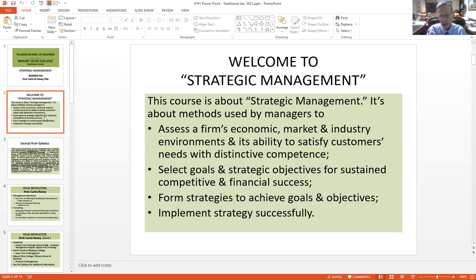So strategic management really is all about trying to achieve a fit between what's going on outside the firm in the economy, market, and industry, and the firm's resources, the firm's capabilities.